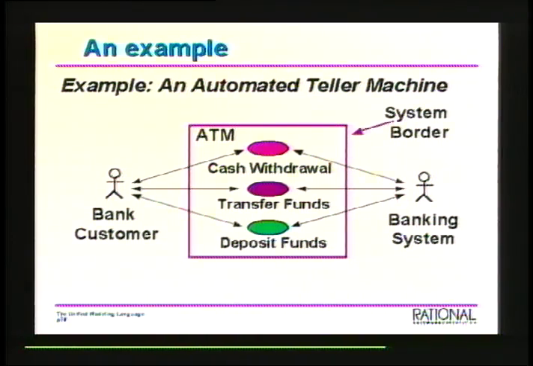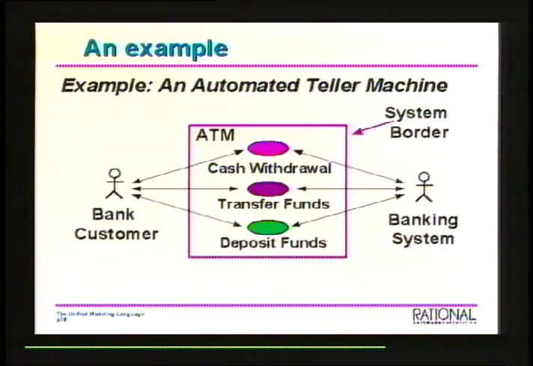What you do when you do a use case model is you identify who are the users of the system, and what systems are outside the system that you need to interact with. And then you identify the different ways that an actor can use the system.